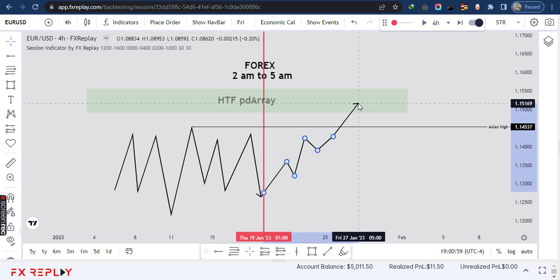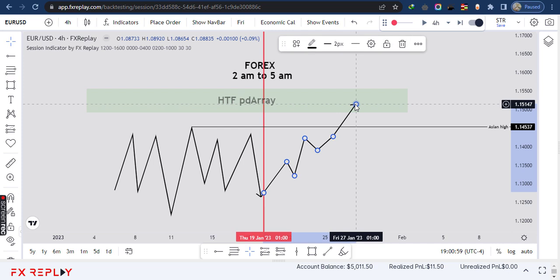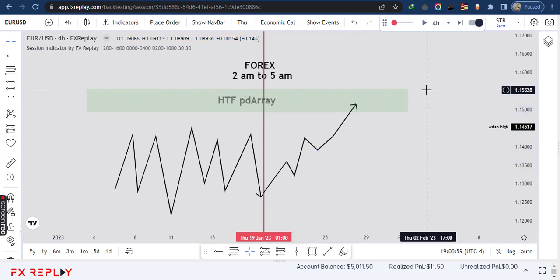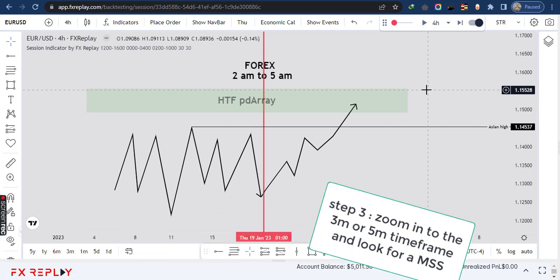It can be the 30-minute, the 1 hour, the 4 hour, the daily. I don't care. When price arrives at this higher time frame PD array, I want you guys to go to the 3-minute or the 5-minute. So you zoom in to the lower time frames.